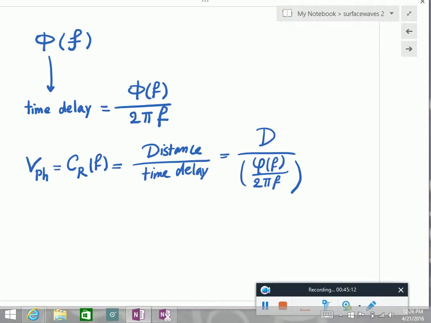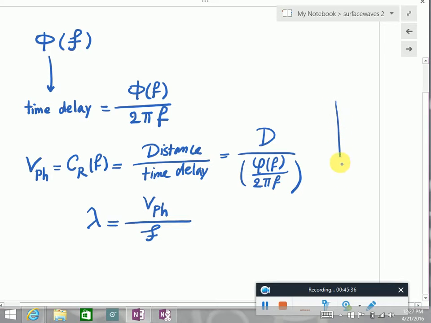So for every frequency component, you have a velocity. That's how we get the dispersion curve. Let's also write down the wavelength, which will be this velocity over frequency. So you plot phase velocity versus frequency, or you use lambda.